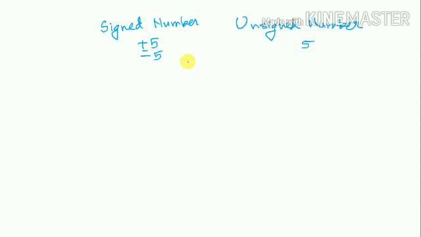So basically negative numbers are signed numbers. You cannot represent a negative number using unsigned representation. So all negative numbers will be signed numbers. That's why our topic is how to represent the signed number.